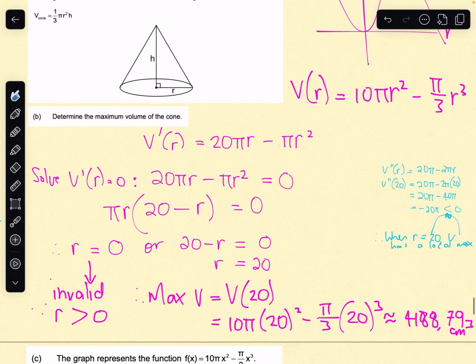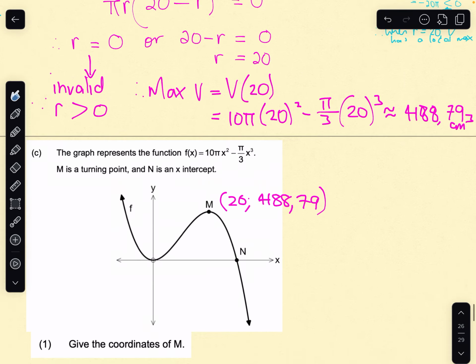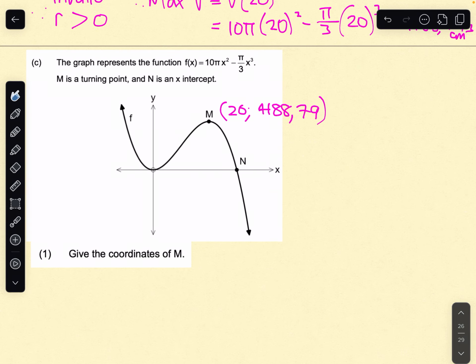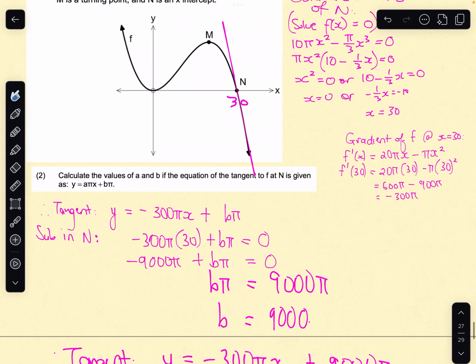Next question, we disqualified one of our solutions, and then we went with r is equal to 20, and then we got our volume value to be 4,188.79. And then the next one, no calculations required there, just using the information from the previous question. The coordinates of M are 20 and 4,188.79.